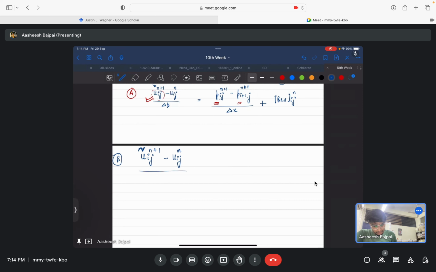So that is what I am writing. This is what we don't know, and this will be predicted by the pressure. The pressure is P_ij at the nth time step and P_i+1,j at the nth. So from the nth time step pressure value, we are predicting the velocity value of the (n+1)th time step. For the next time step I am predicting.